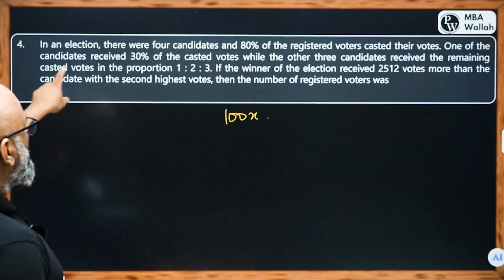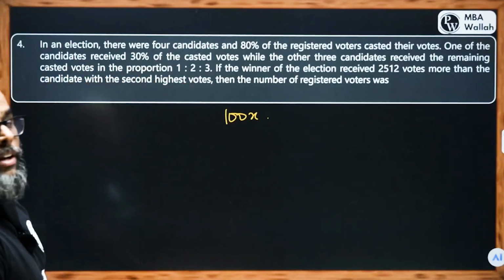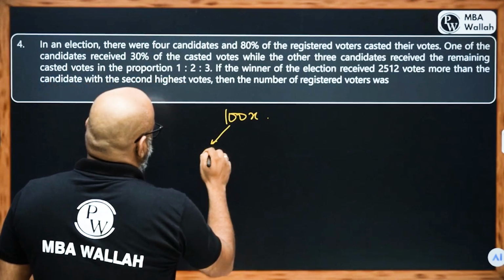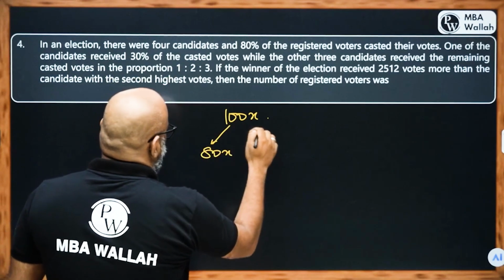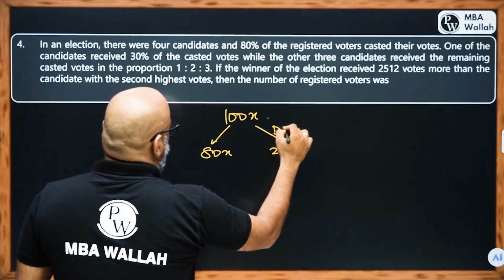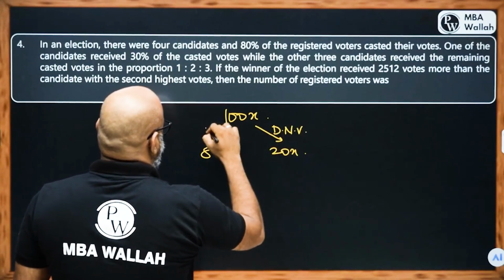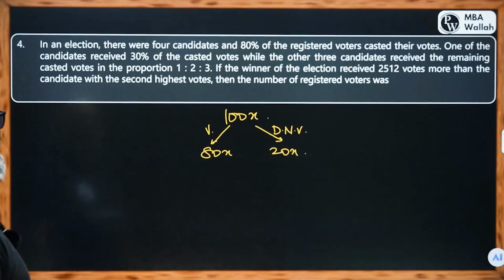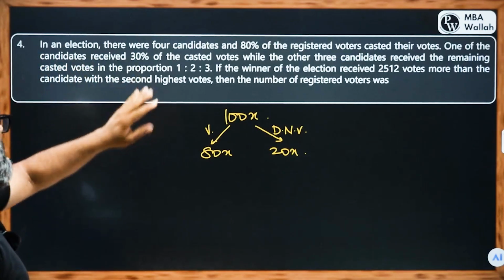Now, by data, I know that only 80% of the registered voters voted. That means this is 80x, this is 20x, this did not vote. This is vote. Right. What else is given? One of the candidates received 30% of the casted votes.